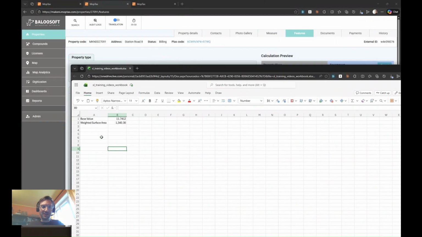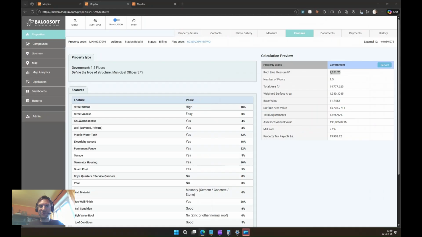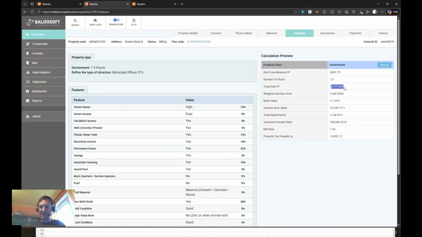So we take the roof outline area, which is 9851, and then we need to multiply that by the number of floors. So we see in McKinney, there's 1.5 floors for the McKinney City Council building. Floors, 1.5. And if we multiply this times this, we get 14,777.